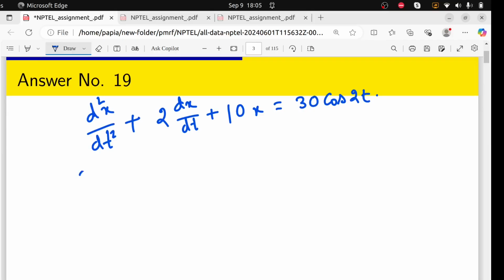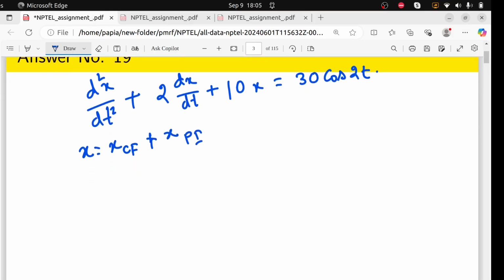For that case, our x will have two parts: one is the complementary function and another is the particular integral, right? So x will be x_CF plus x_PI.